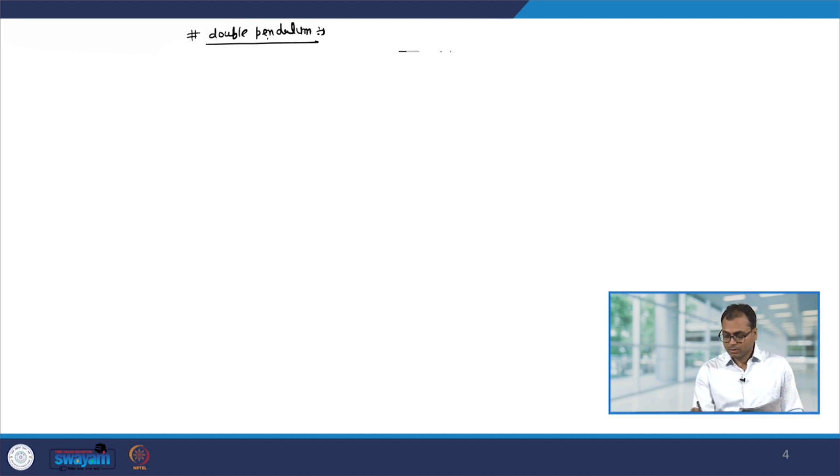Now, let us look at another example, which is, let us say, double pendulum. Okay. So, let us say this double pendulum. One arm of this has a length L1 and mass, let us say M1 is attached to it, and then you have another arm of length L2 and mass M2 is attached to it.